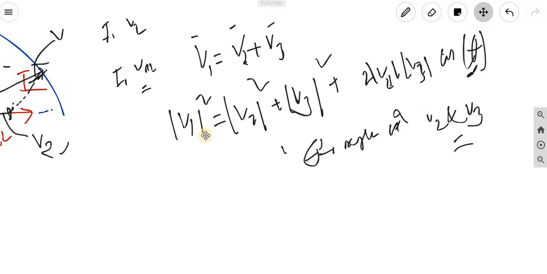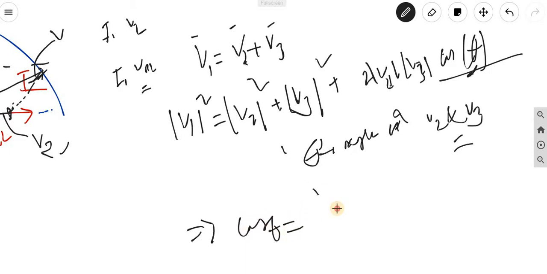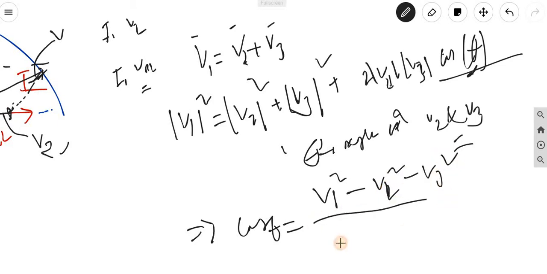So now how will we get it? You all know V1, V2, V3, all the terms are known. Now only theta is unknown. So cos theta would be (V1 square minus V2 square minus V3 square) divided by 2 V2 V3.